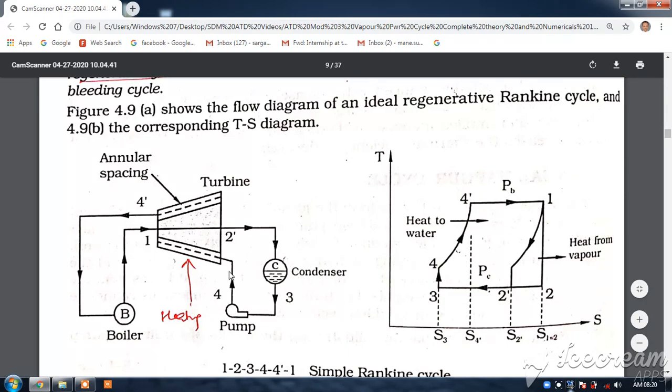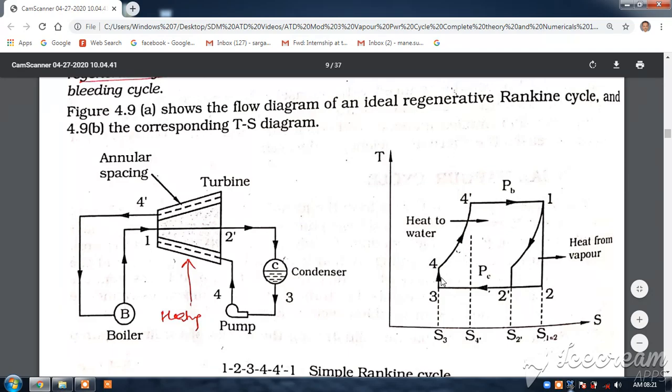From the pump it is pumped through the annular spacing of the turbine, and after getting heated, it goes to the boiler, and this is a cycle. Turbine 1 to 2 dash, then condenser, then pump, then heating 4 to 4 dash, then it is coming to the boiler.